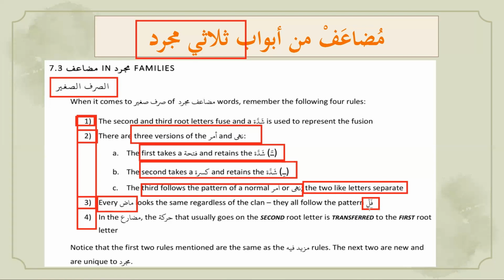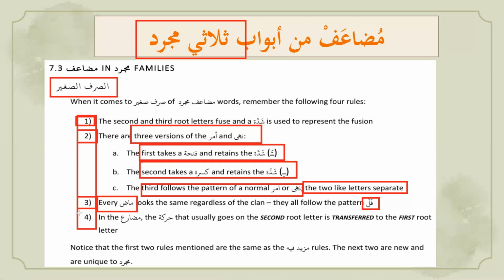In Nasara family, in past tense we have Nasara, right? And in Daraba family, in past tense we have Daraba, right? Which is on the pattern of fa'ala. But because in Muda'af words, the ain and lam letter, the second and third letter are the same, so the pattern becomes falla. And even in Samia family, it remains the same. And you will see when we are going to do the examples soon.